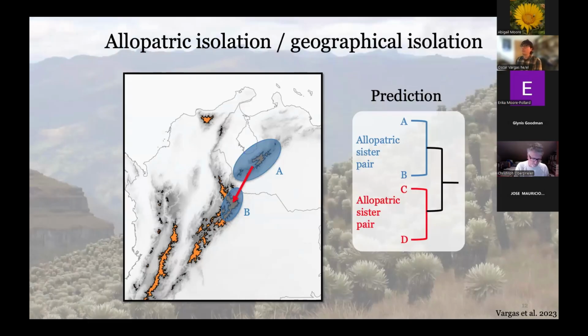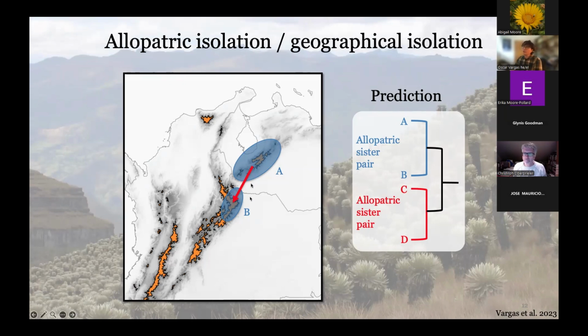So with this high-resolution phylogeny that I was able to build for my first chapter of my dissertation, I was thinking about testing different modes of speciation in Linochilus. And I was basically trying to contrast two different hypotheses. One hypothesis would be allopatric isolation, or geographical isolation, in which you have speciation by geographical isolation.